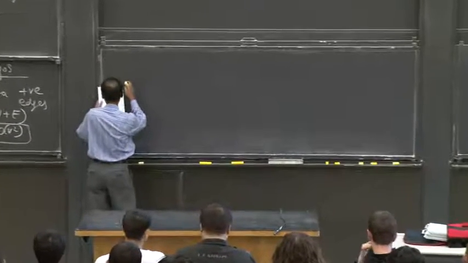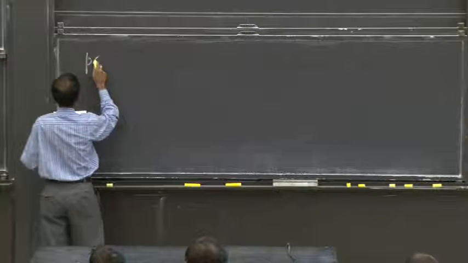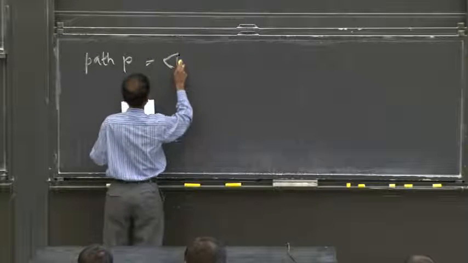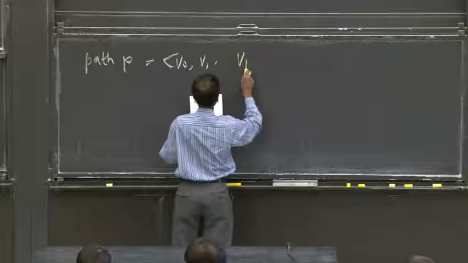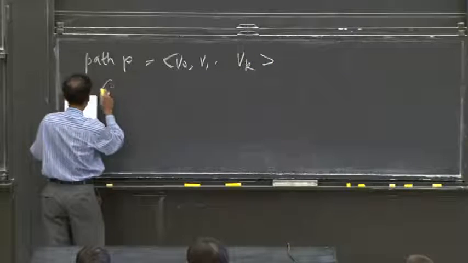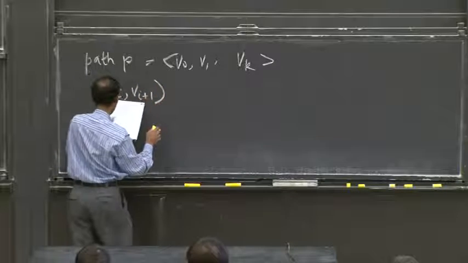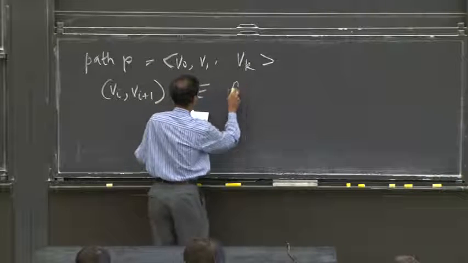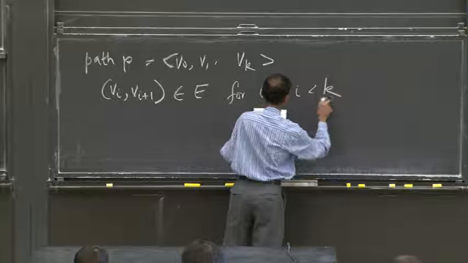You can think of a path P as a sequence of vertices V0, V1, etc., to Vk. And this is a path if (Vi, Vi+1) belongs to E for 0 less than or equal to i less than or equal to k.